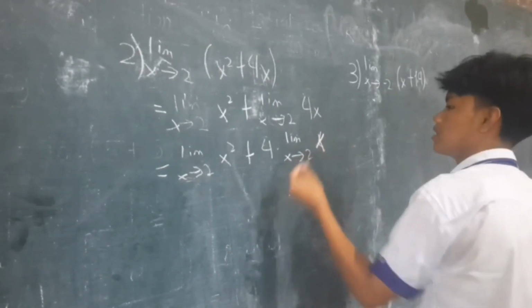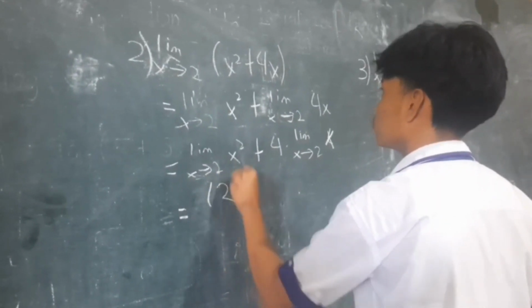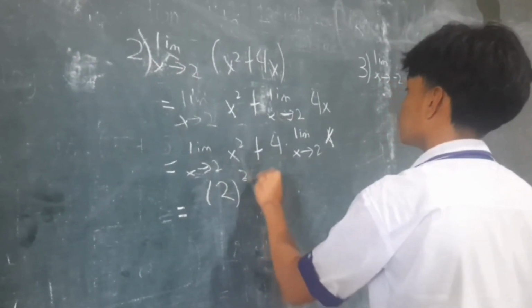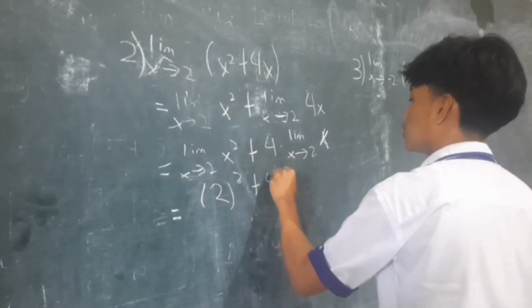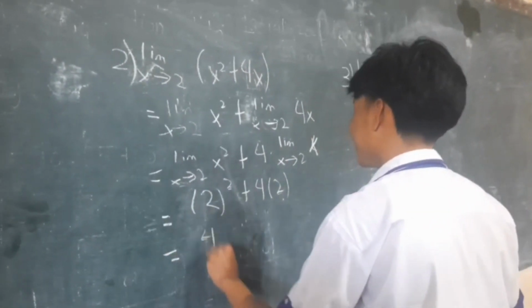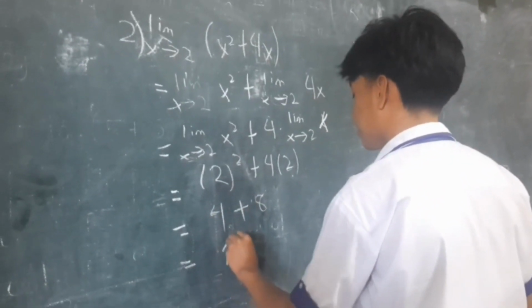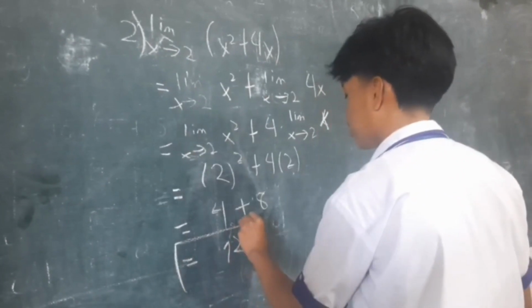Again, through substitution, we substitute 2 for x in the equation. 2 squared plus 4 times 2 is 4 plus 8, which equals 12. Therefore, the limit of x squared plus 4x as x approaches 2 is equal to 12.